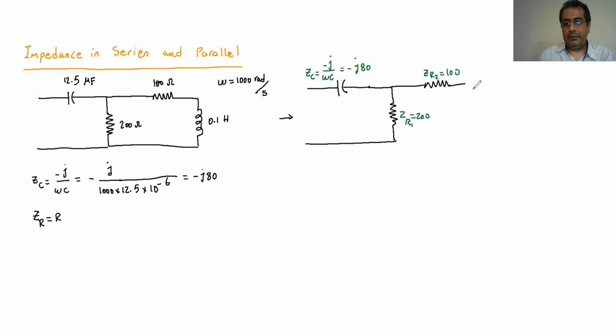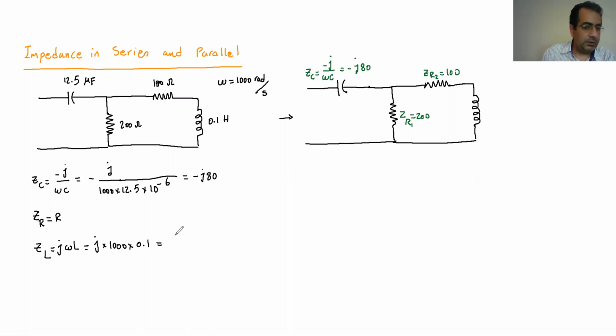And then I am going to go to the inductor. I know that the Z for the inductor is just J omega L. So that's going to be J times 1000 times 0.1, which comes out as J100.